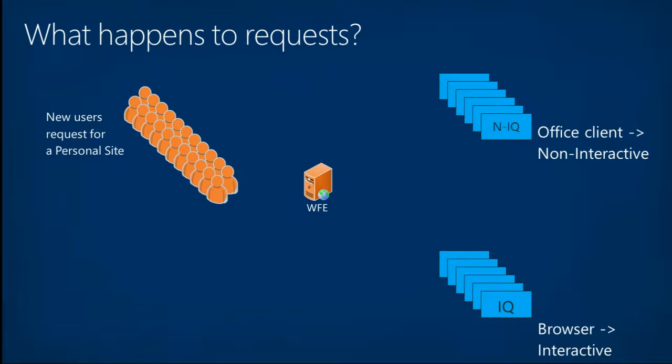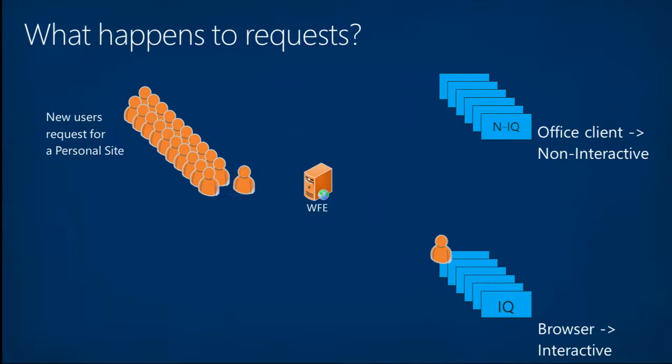Let's say a user comes online and navigates to the newsfeed page. That request will go into the browser queue, which is also called the interactive queue. The reason it's termed the interactive queue is because the user is going to the browser to access a specific newsfeed page or a profile page with a specific intent. The user wants to interact with that page immediately. And that's the reason we have this specific queue called the interactive queue.